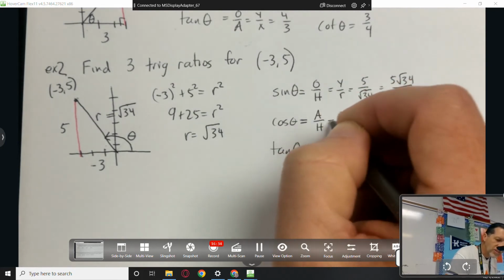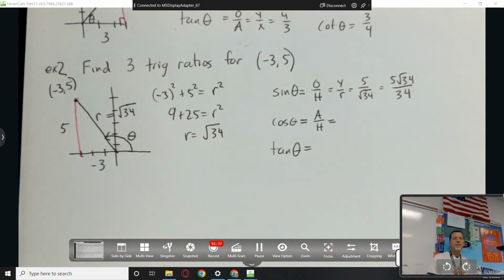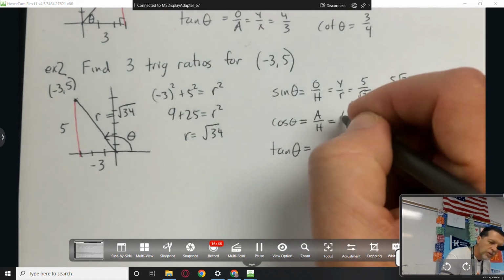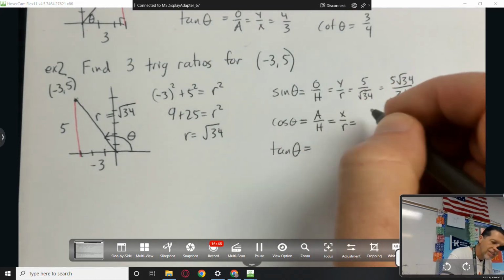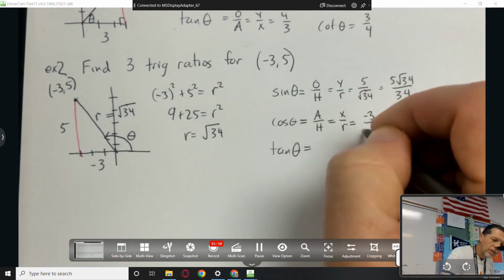Cosine is adjacent over hypotenuse. And kind of the same thing. There's not really an adjacent to that angle where we drew it. But adjacent always goes with x. So negative 3 over root 34.